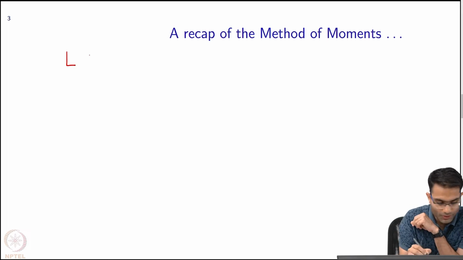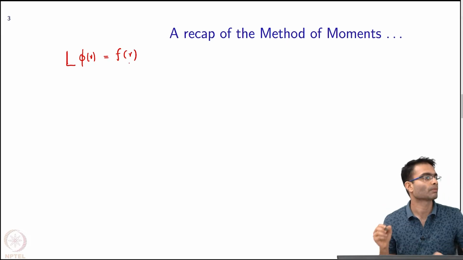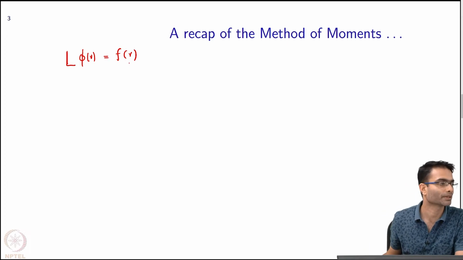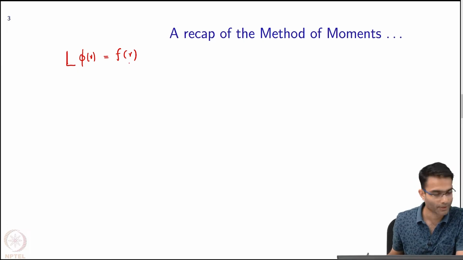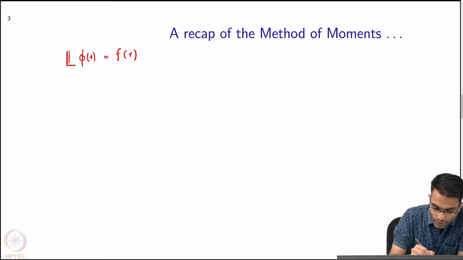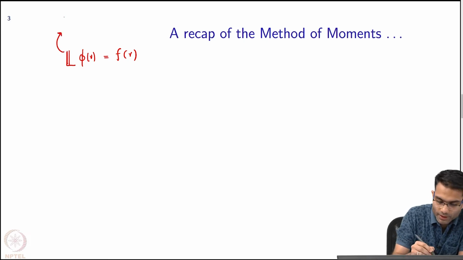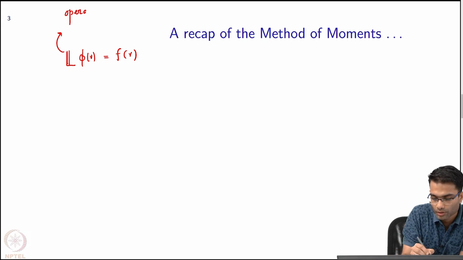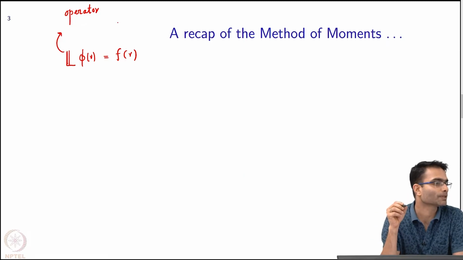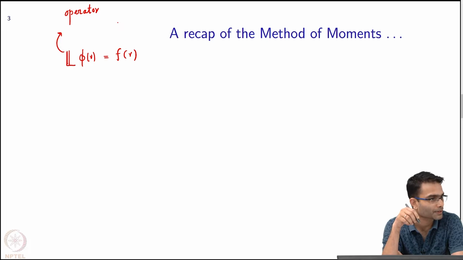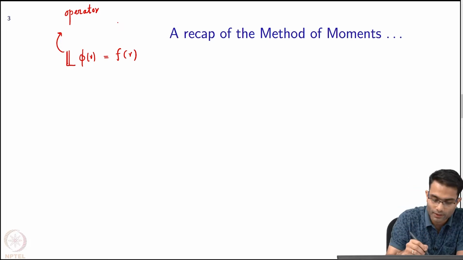So, what we had was L phi of r is equal to f of r. If you remember, that was our operator equation on which we had studied the method of moments, right. So, to recap, L was an operator. So far the operators that we had seen were integral equation operators, they had an integral sign inside it. Okay.